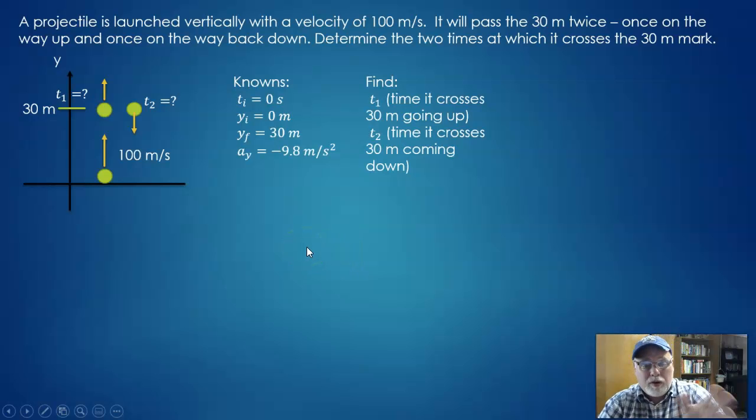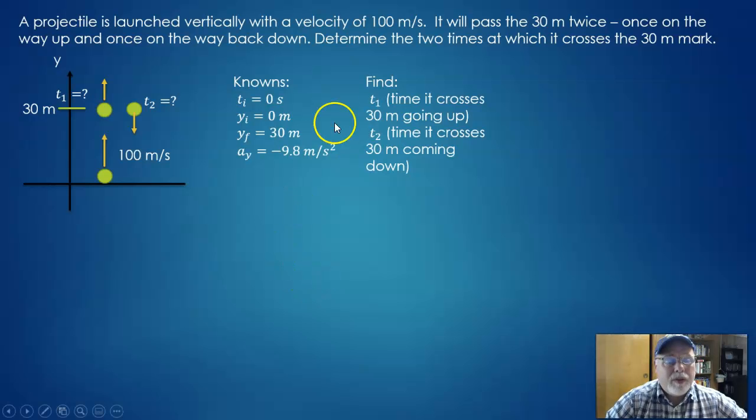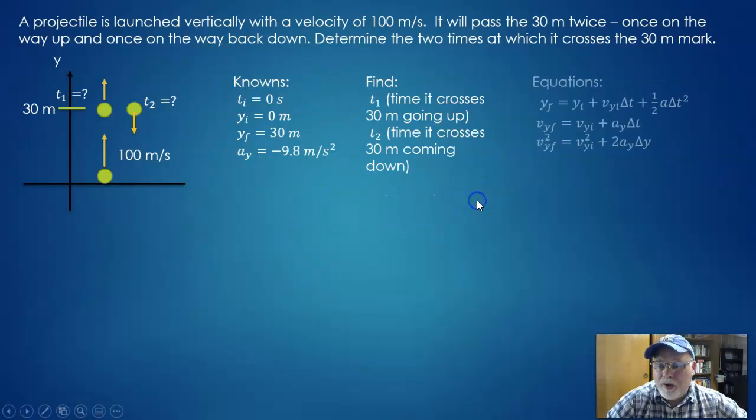Now remember, picture, knowns, what you want to find, go to your toolbox. Well, this is accelerated motion. And so you know that we've got these three basic equations that are going to work for us, possibly, with an accelerated motion problem. Okay, so I'm going to look at my equations now, and I'm going to ask, based on the information I have, what equation can help me the easiest?